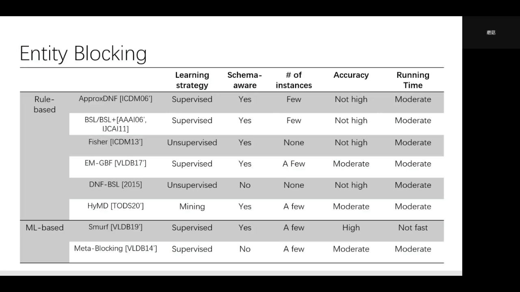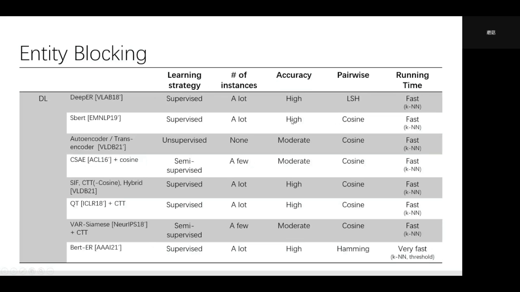For deep learning methods, because most of them use Siamese networks and use cosine or Euclidean distance to retrieve similar tuple pairs in the Euclidean space, their running time is usually very fast, but they need a lot of training instances to ensure the accuracy of the model.